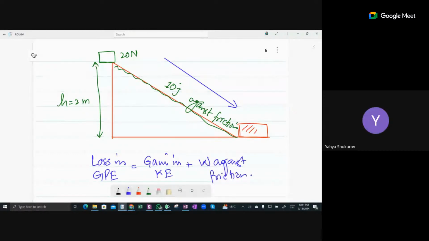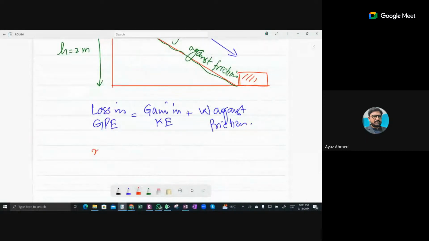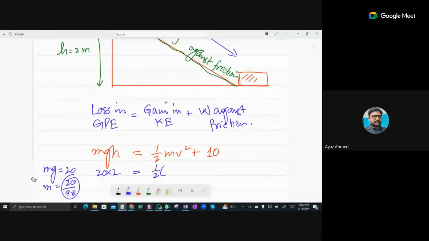Yes. Okay. So how much potential is lost? It is basically mgh. And what is the gain in kinetic energy? It is 1 by 2 mv square. And what is the work done against friction? 10 joule. So mg is collectively given to you as 20 and height is 2. It is 1 by 2 m v square plus 10. If mg is equal to 20, then m will be equal to 20 divided by 9.8. So you can put that value over here.